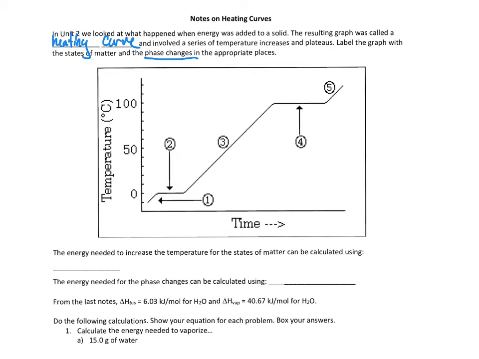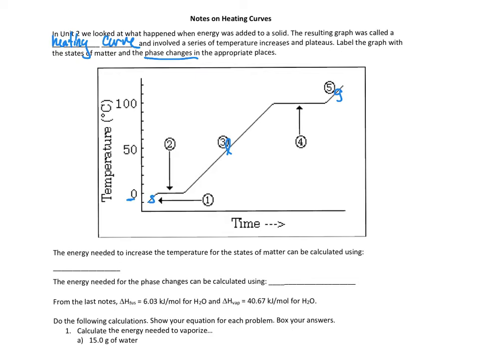So first, as a review, let's label the graph with our different states of matter. Remember that at a low temperature, we're starting off with the solid in that first diagonal phase. The second diagonal phase is our liquid, and our last diagonal phase is our gas.